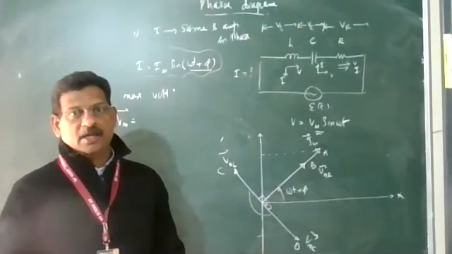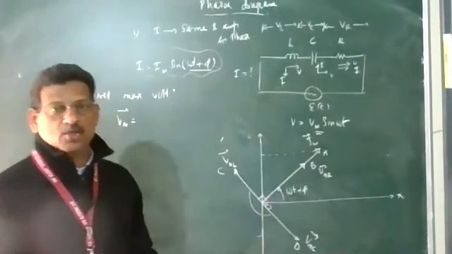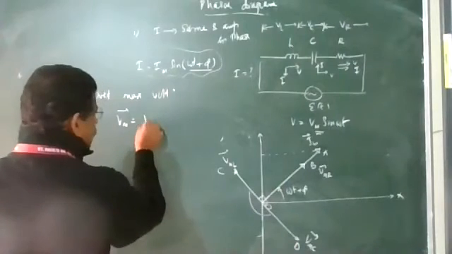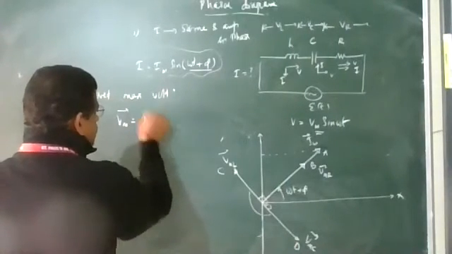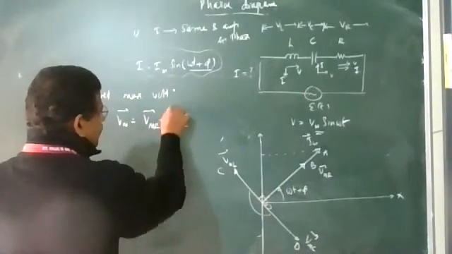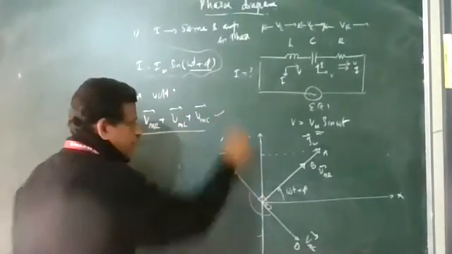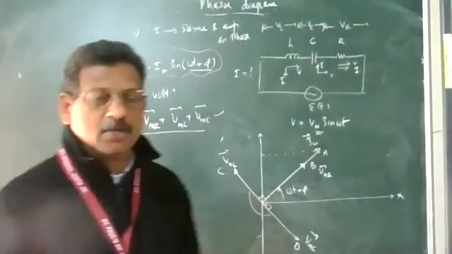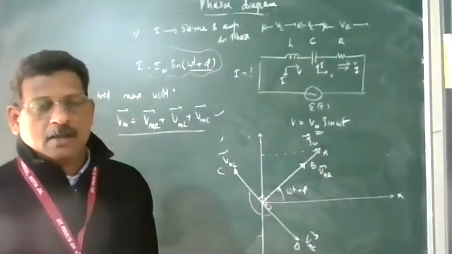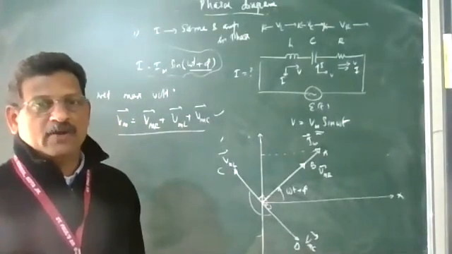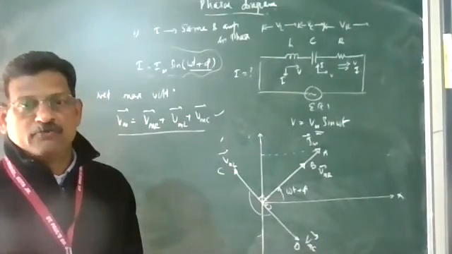Some are leading, some are lagging, some are in phase. So vector addition: VMR plus VML plus VMC. This arises because the voltages across different elements are out of phase.